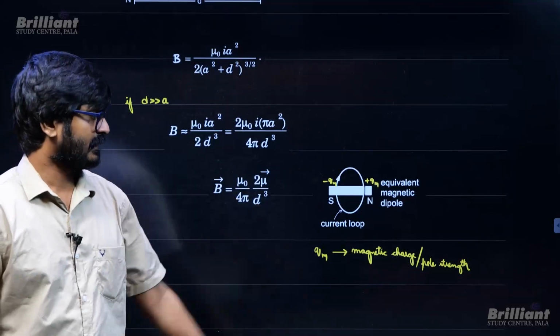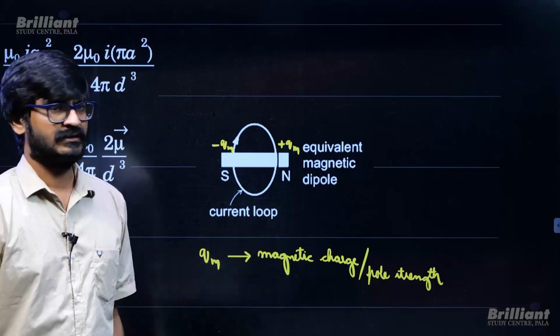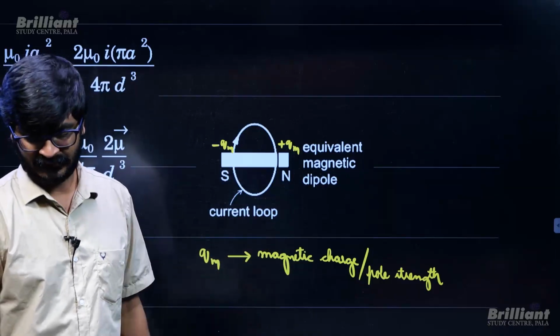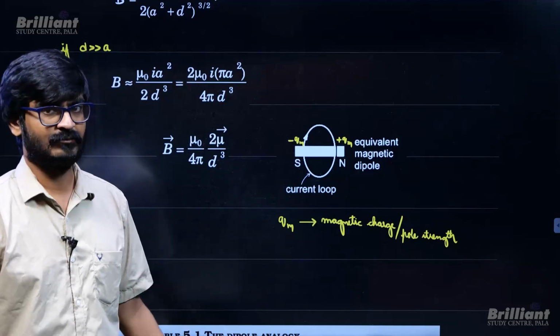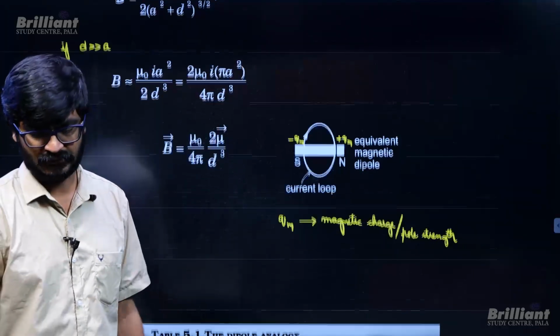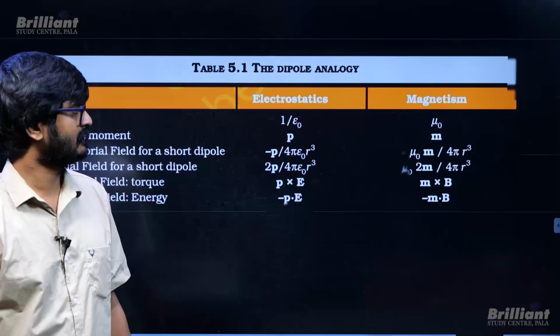Where that Qm is called magnetic charge, or sometimes we call it pole strength. This is like an imaginary thing to make the calculations easy, but magnetic monopoles don't exist, so it's not the right way to do it, but at least it helps in understanding things better.